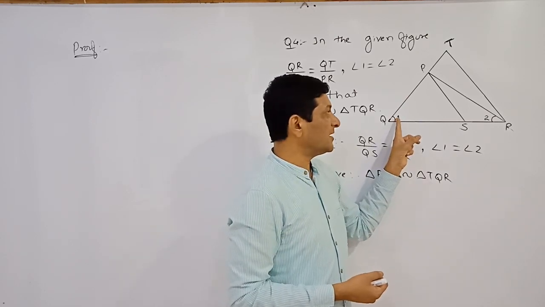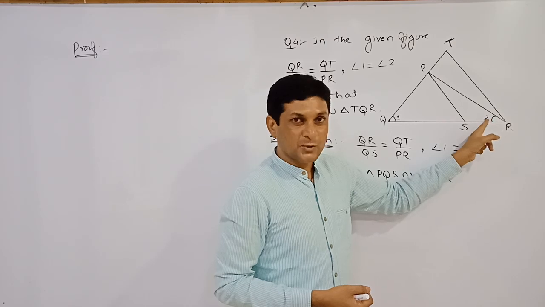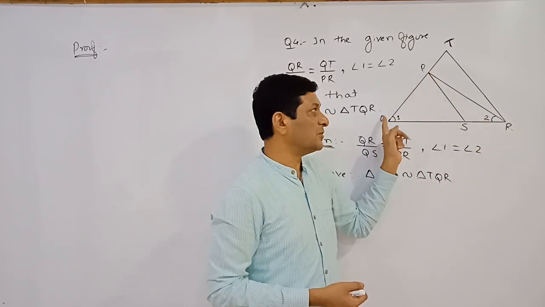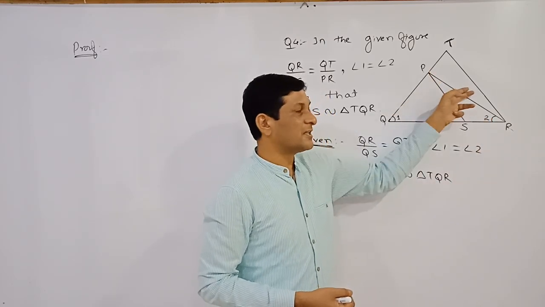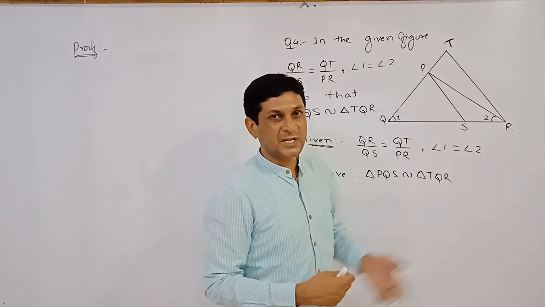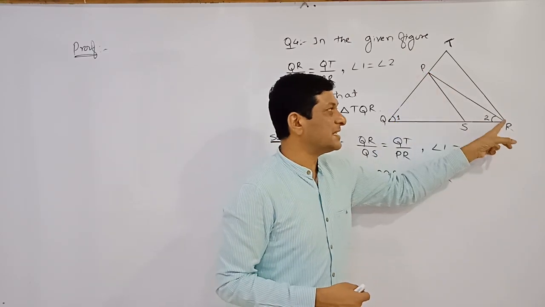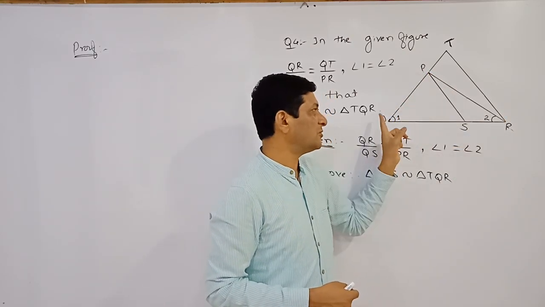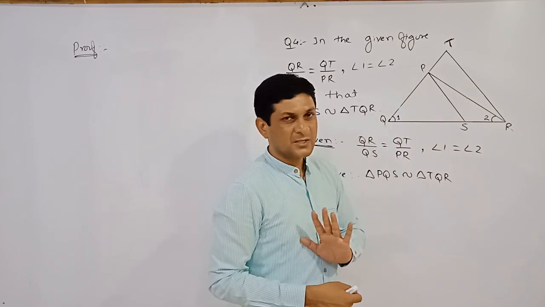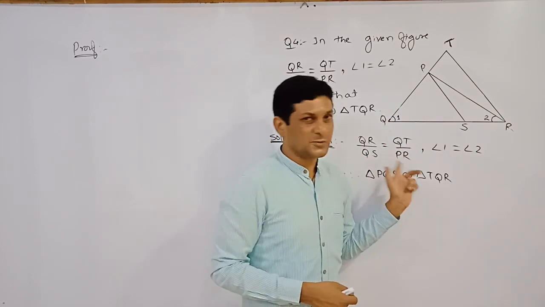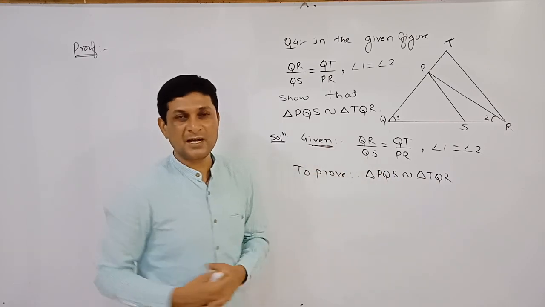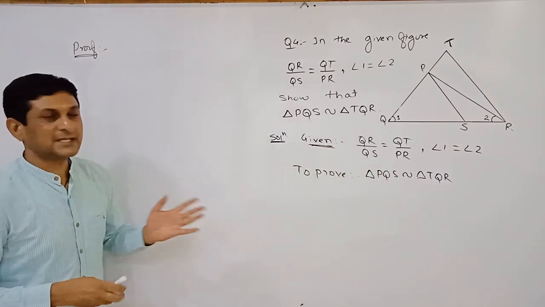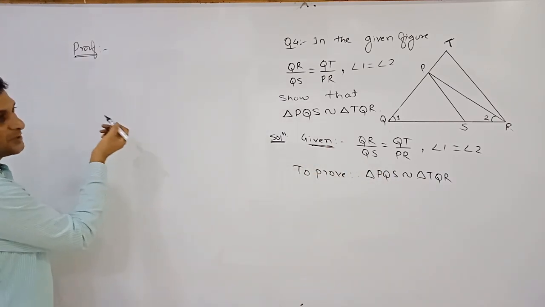Side opposite to angle first is PR and side opposite to angle 2 is PQ. So these two sides will also become equal, and PR will be equal to PQ. PQ can be written as QP. So then we are able to replace this PR by QP, and we can say that triangles are similar by SAS test. So write down the proof here.